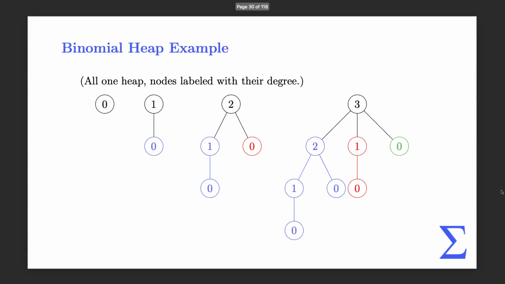That's kind of confusing, but it's very helpful to look at this picture, where each node is labeled with its degree, and you can see this blue set of nodes here is a degree 2 tree.